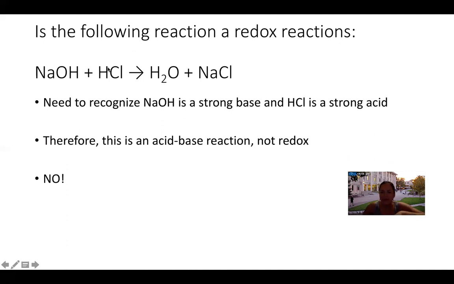Those should be just kind of given. Those should be taped somewhere on your wall, maybe in your bathroom, wherever. You just need to know what the strong acids and strong bases are. So when you see strong acid and strong base, hopefully you're like, no, of course that's not a redox. This is an acid-base reaction, not a redox. I can even see they formed water and a salt. So no, this is not a redox reaction, okay?